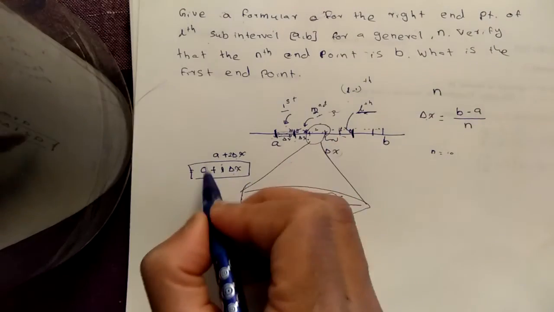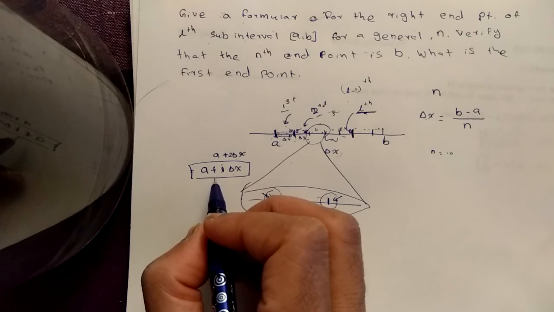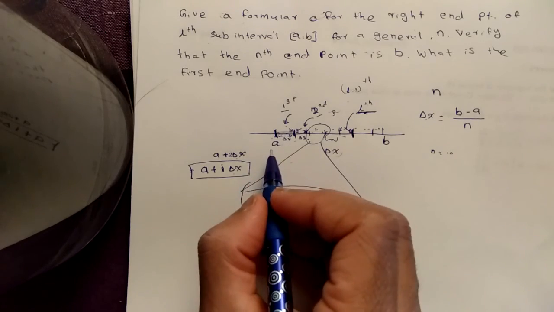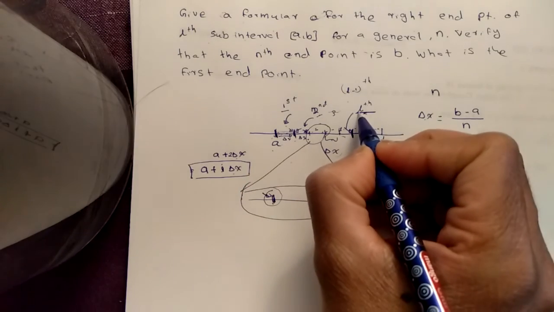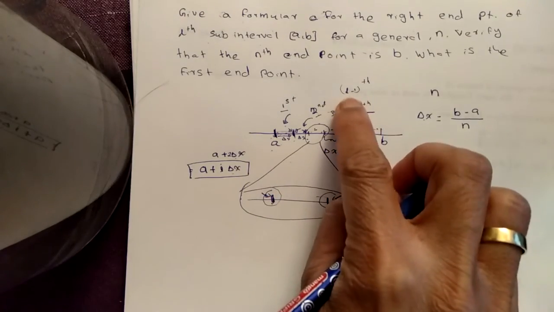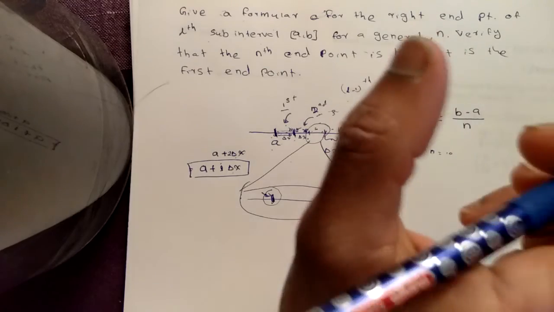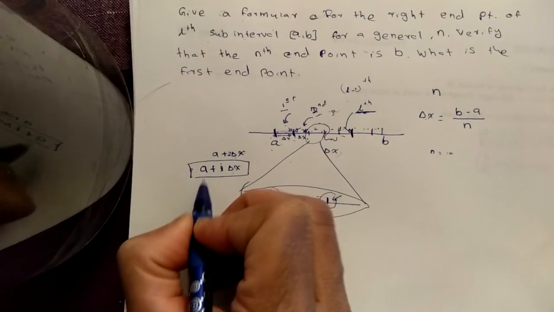So, according to the formula that we derived, how much distance do we have to go starting from A in order to reach the left endpoint of the ith interval? Or in other words, how do we reach the right endpoint of the I minus 1th subinterval?